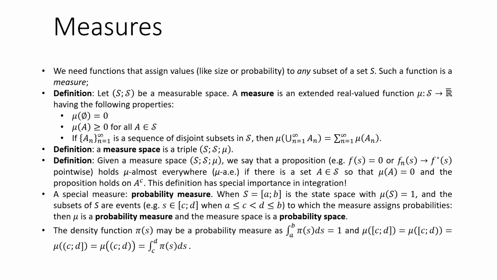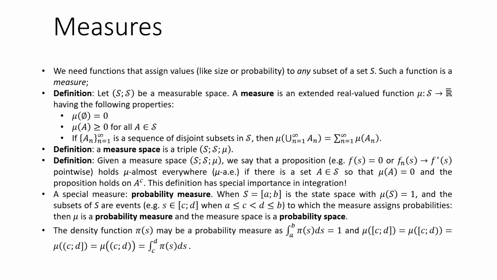There is a special measure. I mean special because it has special importance to us. This is a probability measure. We have a state space for a random variable, so let's switch to the language of basic probability theory. The state space is a closed interval.